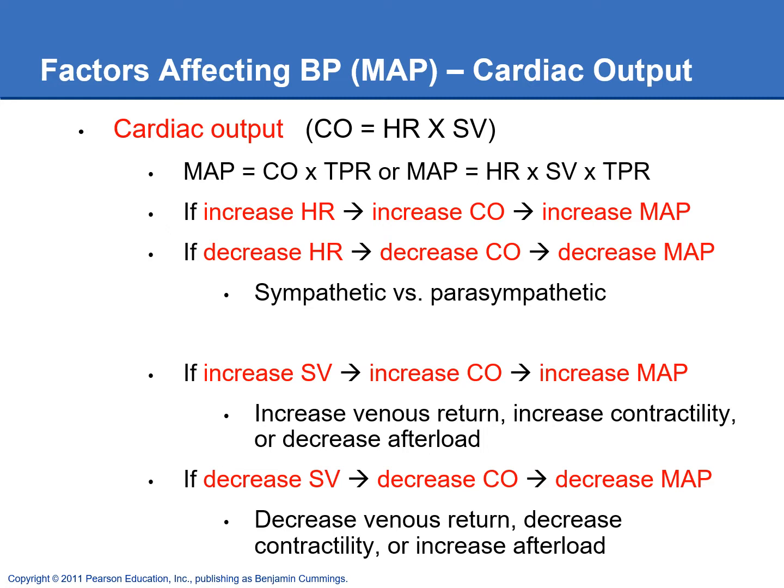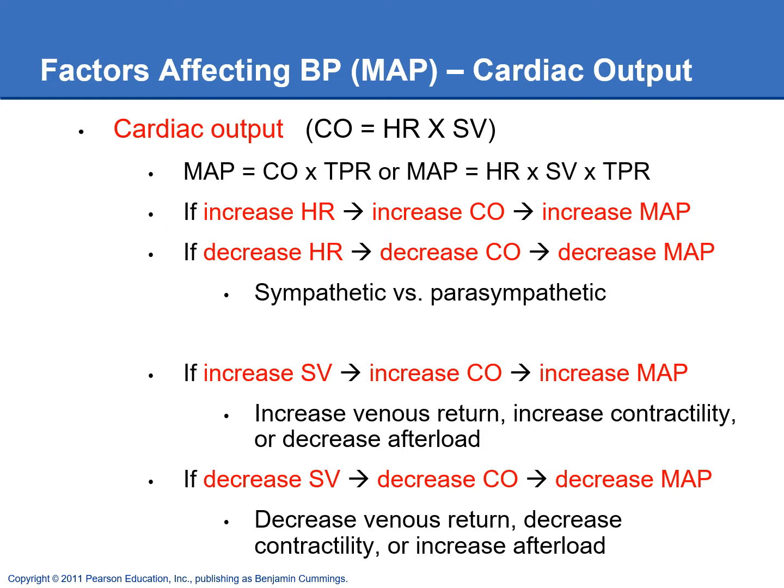And then stroke volume can also affect cardiac output. So if you increase the stroke volume by either increasing venous return to the heart, so that would increase the preload or the end diastolic volume, if you increase contractility of the ventricle, make it contract harder by increasing sympathetic stimulation, or if you decrease the afterload, so the pressure in the aorta and the pulmonary artery.